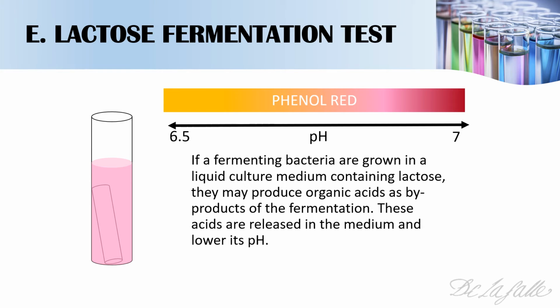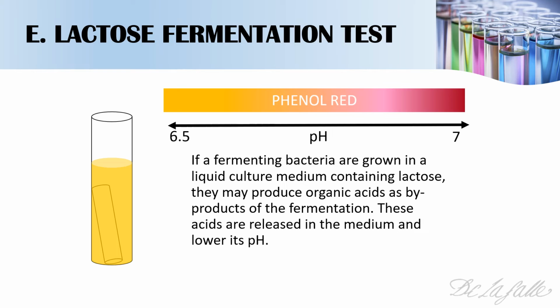If fermenting bacteria are grown in a liquid culture medium containing lactose, they may produce organic acids as byproducts of the fermentation. These acids are released in the medium and lower its pH, turning your phenol red to yellow because of the acidic environment.